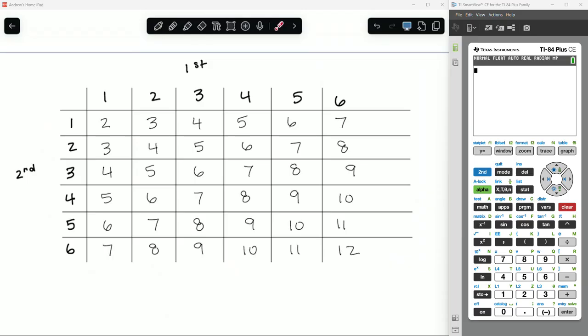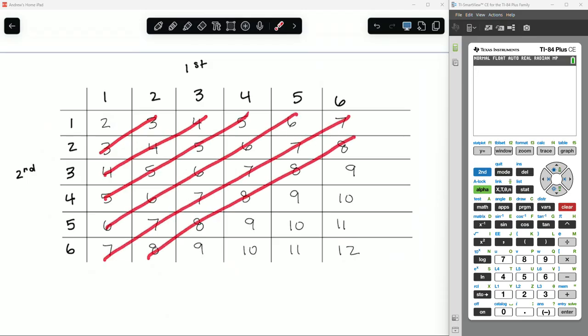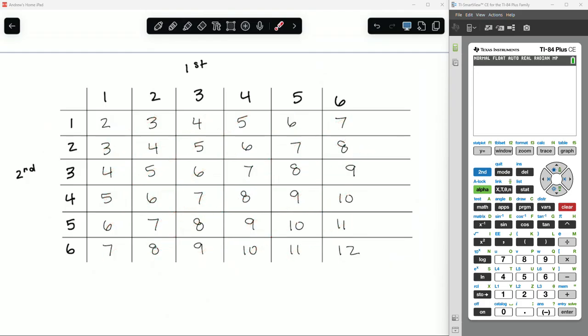I can see in my table, smallest sum is 2, biggest sum is 12, which is great. I can also see 3s, 4s, 5s, 6s, 7s. All of those like terms, those similar numbers, are in diagonals. That's going to help us calculate.